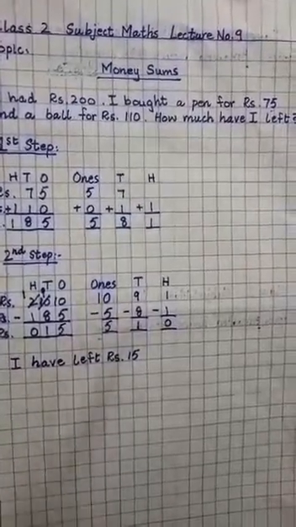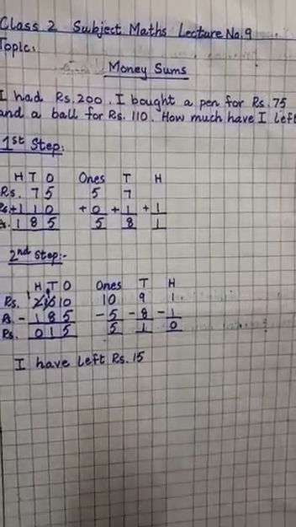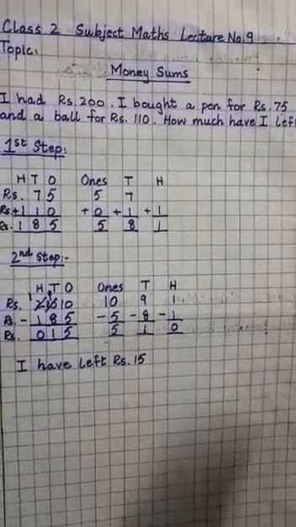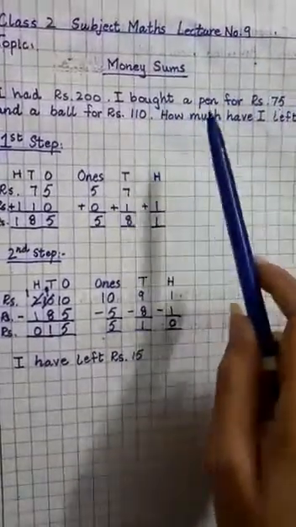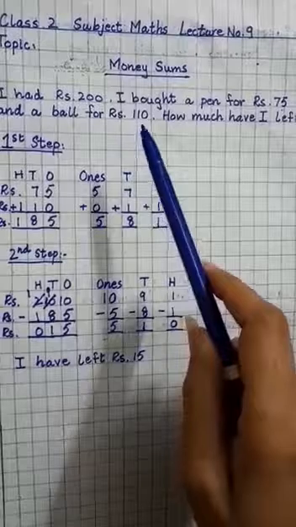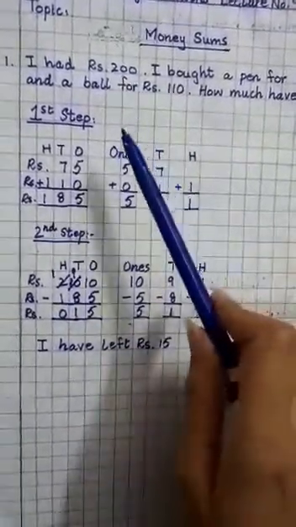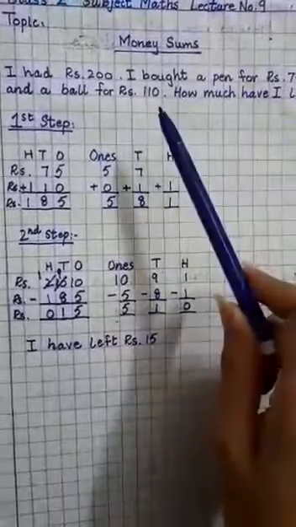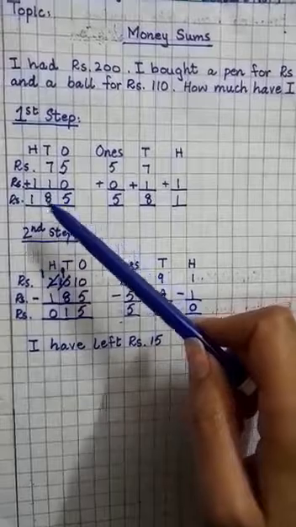As you know that if we have left in the end, so it means this is a subtraction sum, but it's a tricky sum. You have to add both these numbers, then you have to subtract that answer from the total amount. Okay, so first step, we have to add both these numbers, rupees 75 and 110. So what is the answer?